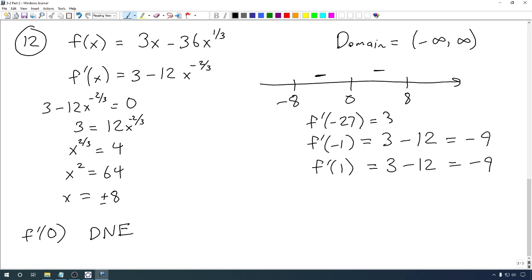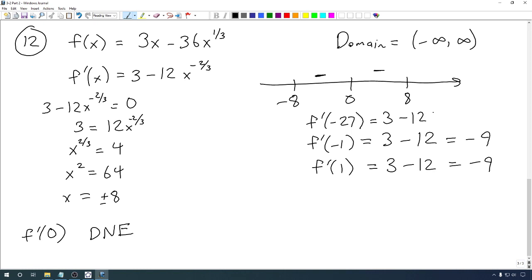But when I do that, well, I still have the 3. And now I have 12. And then we have to take the negative 27 to the negative 2/3 power. That means I'm taking the cube root of 27, which is 3. Then I'm squaring it and getting 9. But then, because of the negative, it is on the bottom.